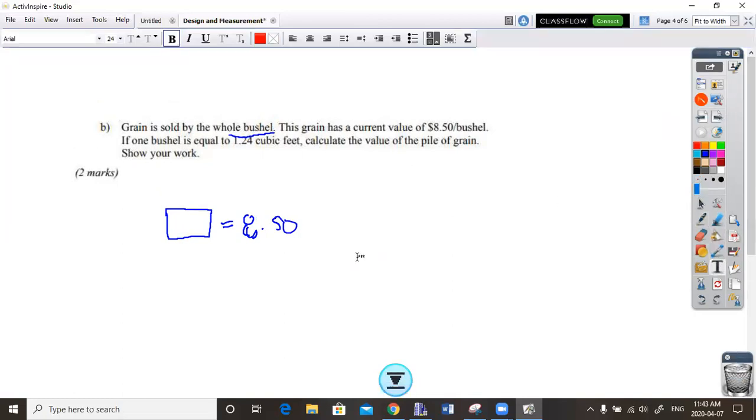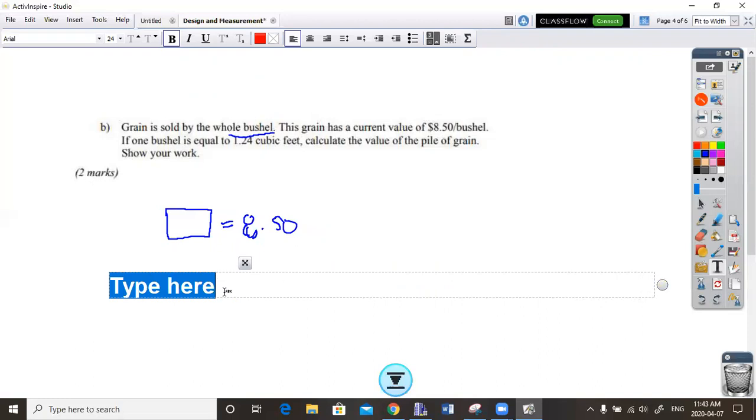Okay, so we want to find out how much this is going to be worth. If 1 bushel is equal to 1.24 cubic feet, what's the value of the pile of grain?